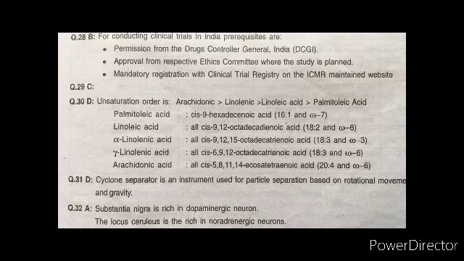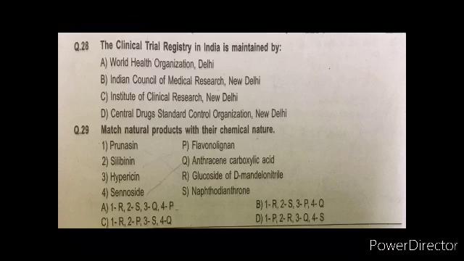Now for conducting clinical trials in India, we have the prerequisites that permission from the DCGI, Drugs Controller General of India, is to be taken, then approval of the respective ethics committee when the study is planned, and mandatory registration with the clinical trial registry on the ICMR maintained website.